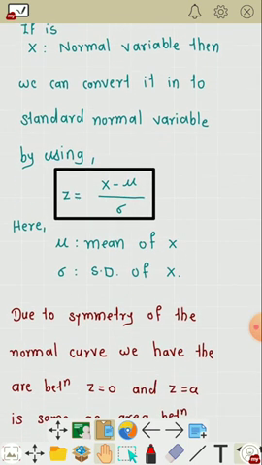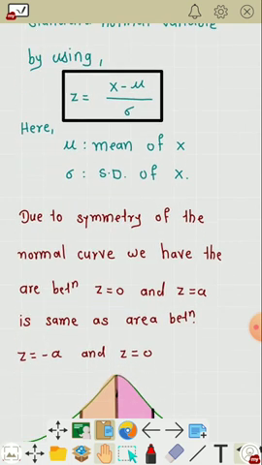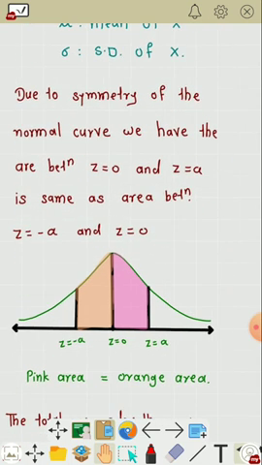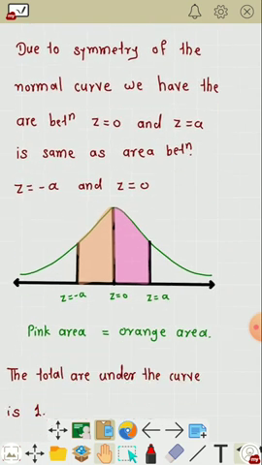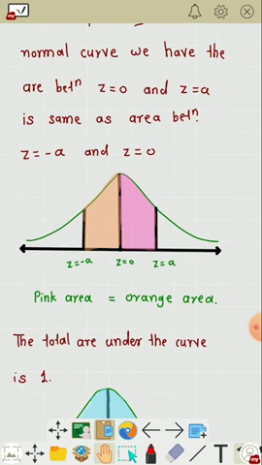Due to the symmetry of the normal curve, we have the area between z equal to 0 and z is equal to a is same as the area between z is equal to minus a and z is equal to 0. So here, as the curve is symmetric, we observe that the area between z equal to 0 to z equal to a will be same as the area between z equal to minus a to z is equal to 0.